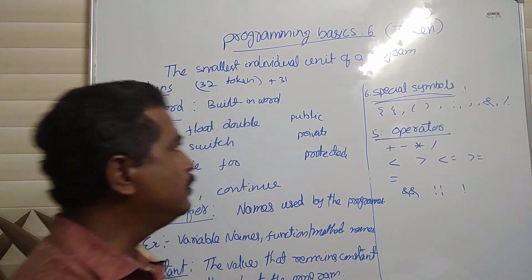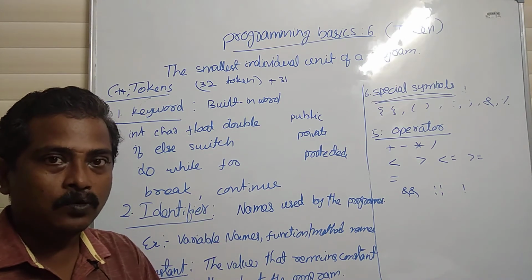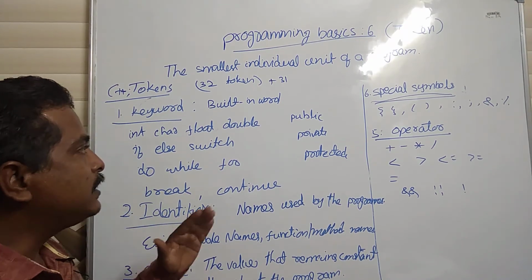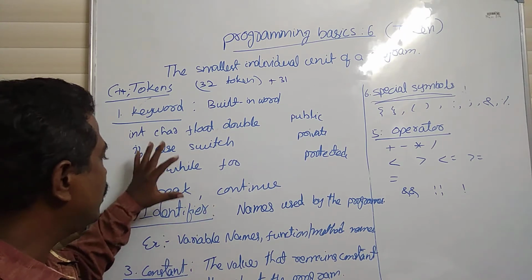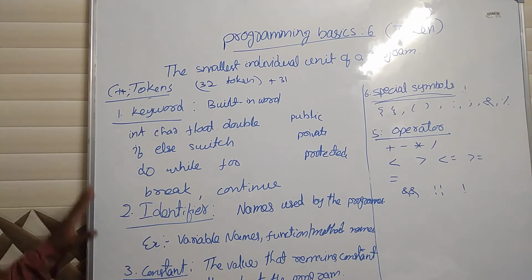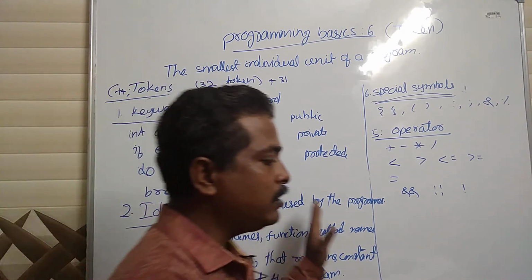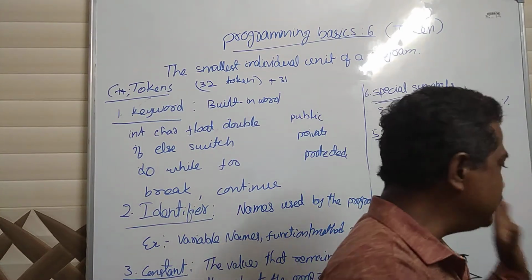So for the time being, token is the smallest individual unit of a program. Now that might be in one of the categories. What are they? Keyword, identifier, constant, operator, and special symbols.